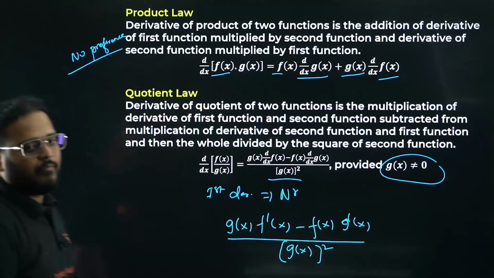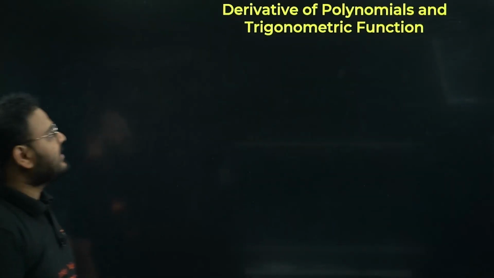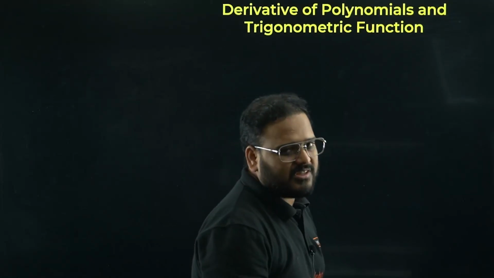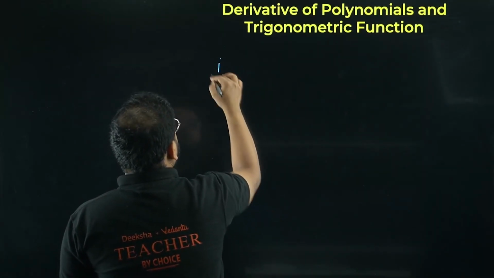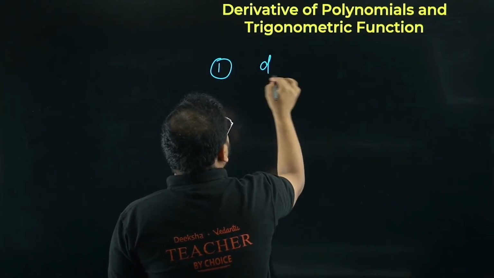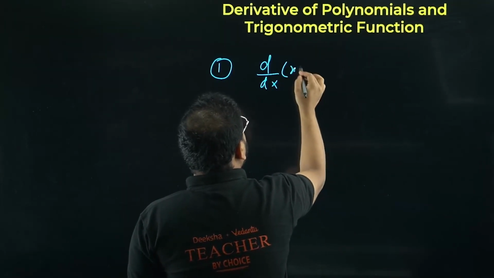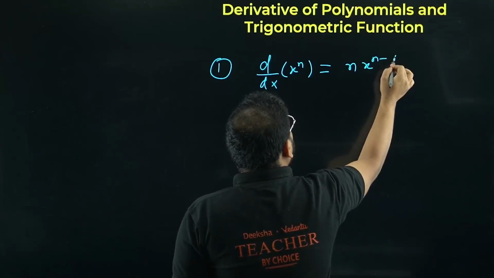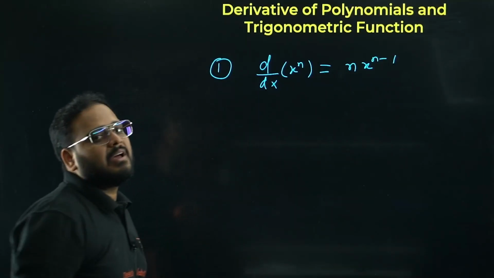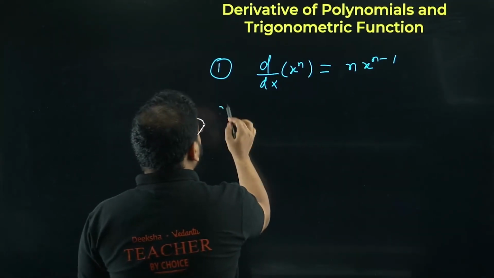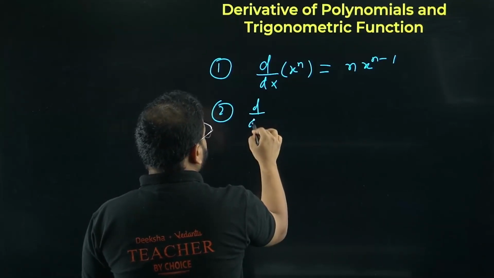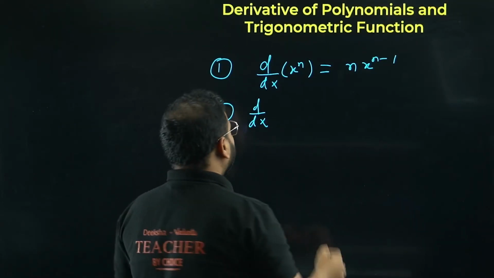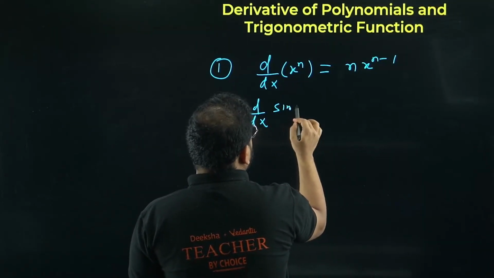Chalo. Moving on, what we have now, derivative of polynomials and trigonometric functions, some formulas if you remember. First one, if I have to find d by dx of x power n, okay, what is the answer going to be? n times of x power n minus 1. If I have to find derivative of sin x, what will happen?